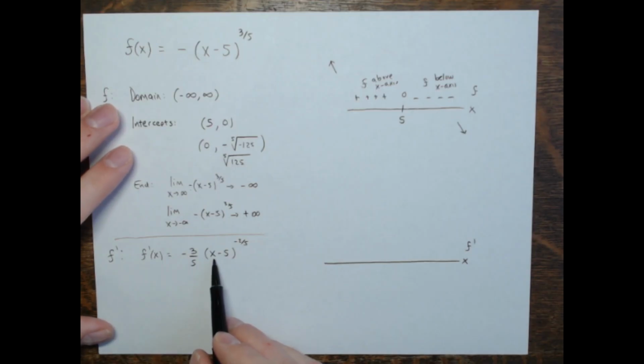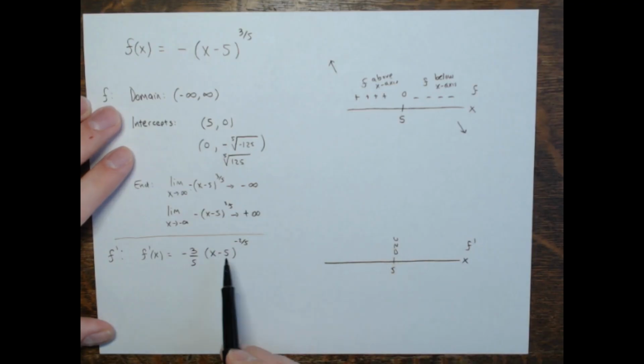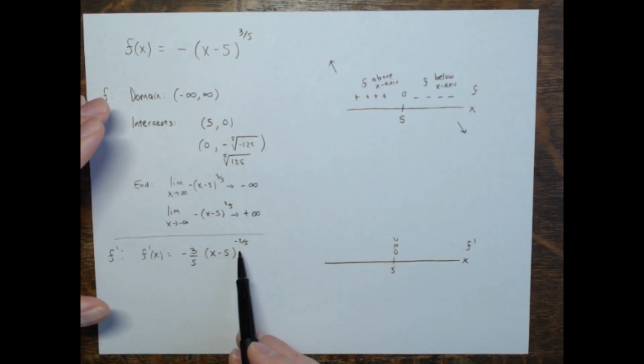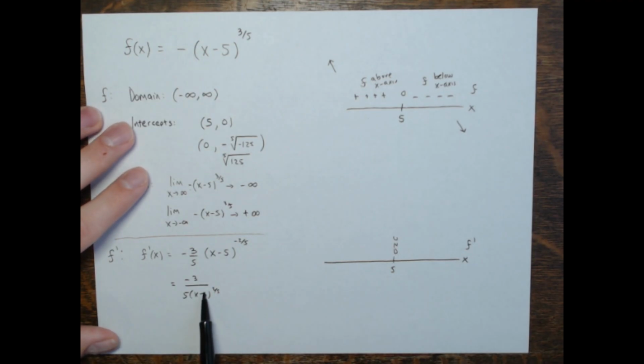This 5 will make this undefined, right? You can't have a 0 to a negative power, which again, you can think of this as -3 over 5 times x minus 5 to the +2/5. So again, 5 makes it undefined.